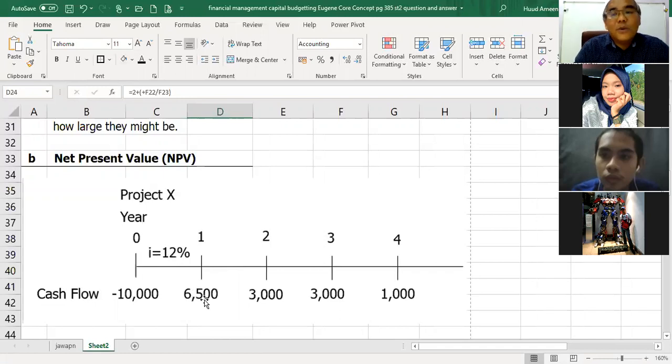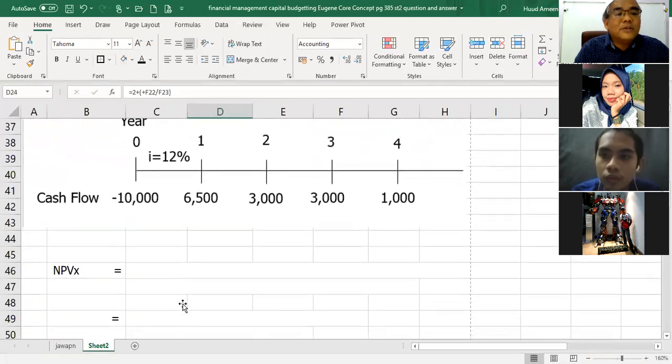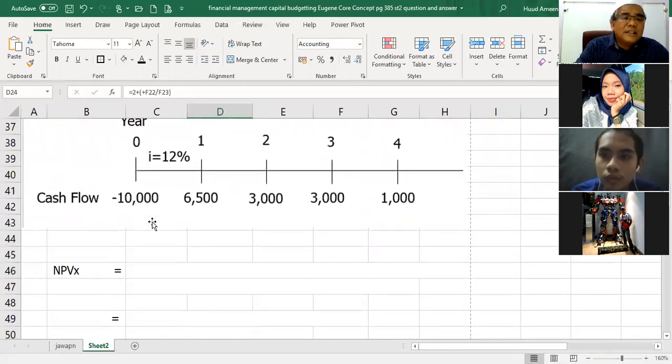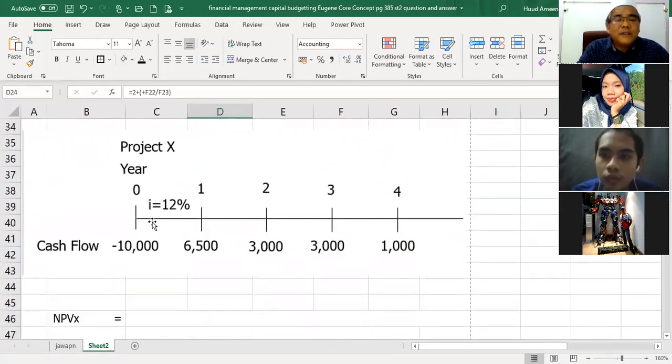So this is year one. Year one, you will get 6,500. Year two, 3,000. Same. Then this is the investment. So when it comes to net present value, how to calculate? This one you have to refer to your text or to your table.